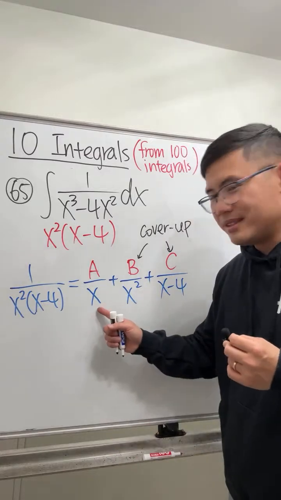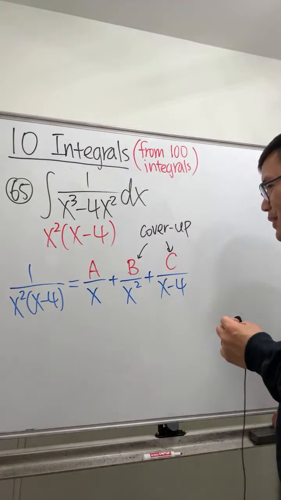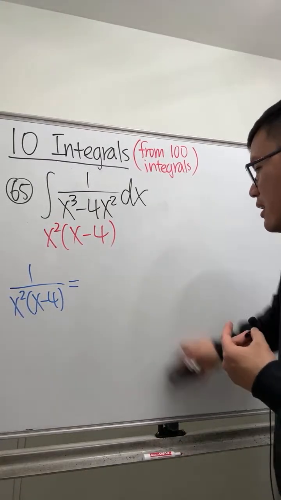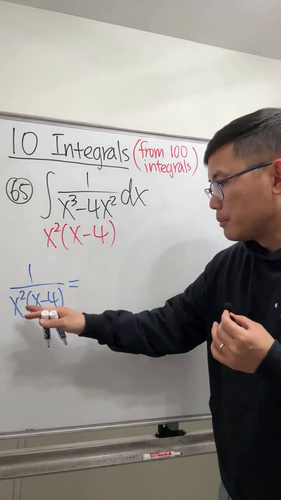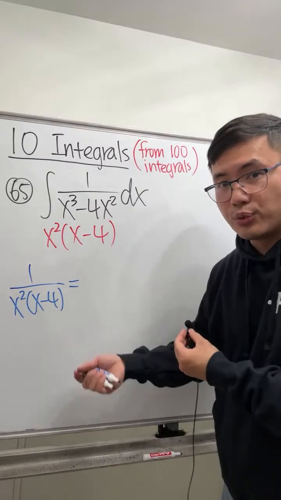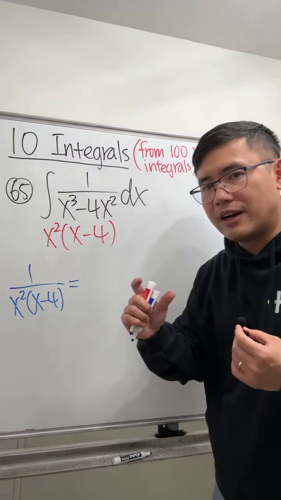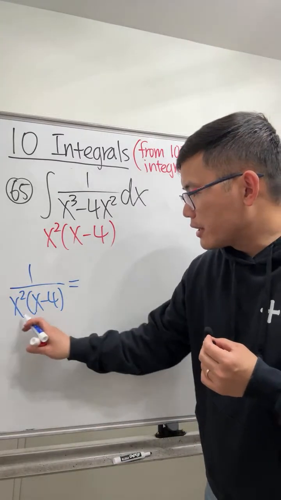Shall I explain why we have to have this term? All right, I'll do that for you guys too. So this is how you should set up if you are familiar with partial fractions, you could just write that down and just do it. Now, if you want to see why we have to have that extra first power on the bottom, this is why. This right here is your first part, right?